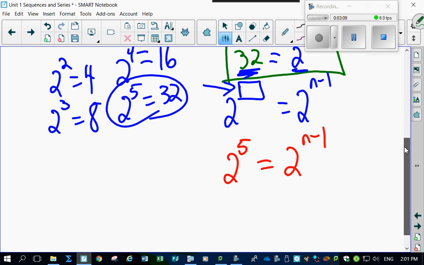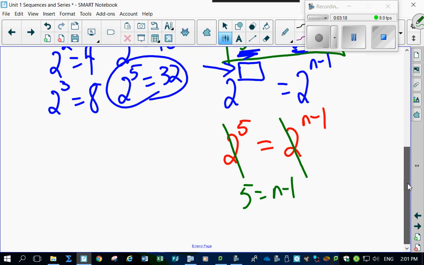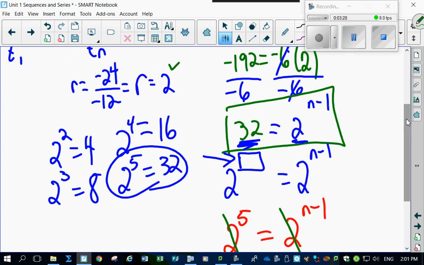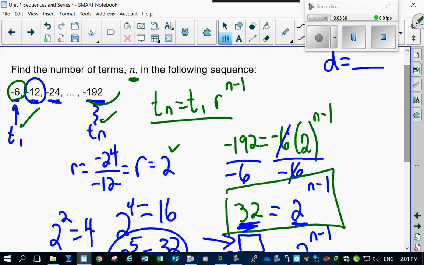So watch what I'm going to do. I'm going to cancel the 2's out. Why? Because they are the same. This is going to give you 5 equals n minus 1. And check this out. Plus 1, n equals 6. There are 6 terms in this original sequence right here.